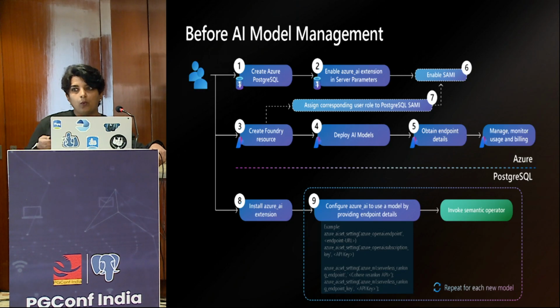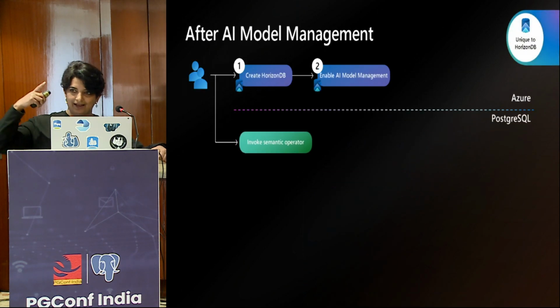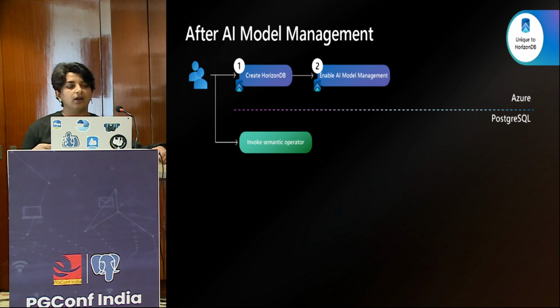So now with AI model management, it's literally a checkbox to say, hey, enable AI model management, and at that point you're able to invoke any semantic operations. So this makes it very easy to bring AI into your database.